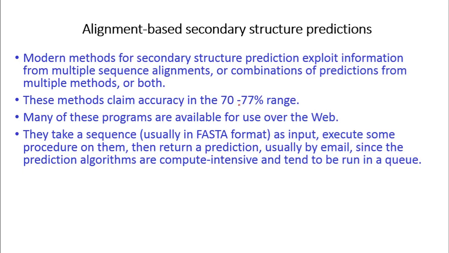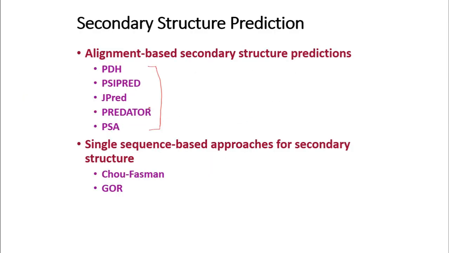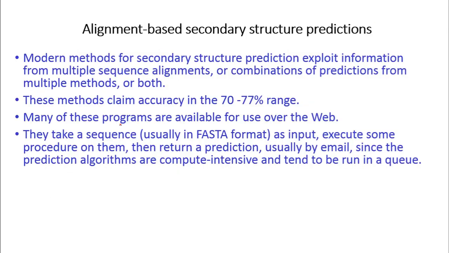Okay, so many of these programs are available to be used over the web. There are web servers. What you usually do is that you upload the FASTA format sequence on these web servers. Which web servers am I talking about? These are PHD, PSIPRED, JPred, PREDATOR, PSA, right?